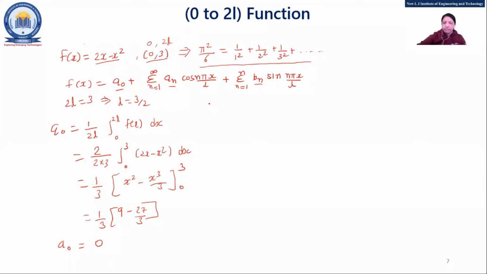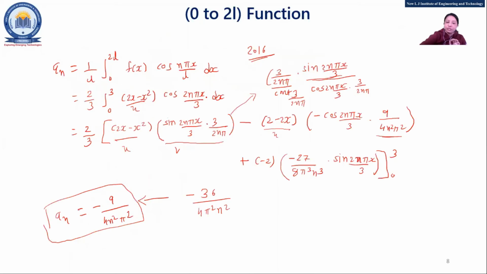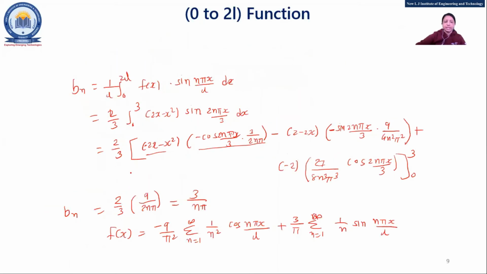I will ask any student to share the screen of your calculation. And the hint is: in this series, put x equal to 0, then put x equal to 3, and add both the series. So you will get your answer.